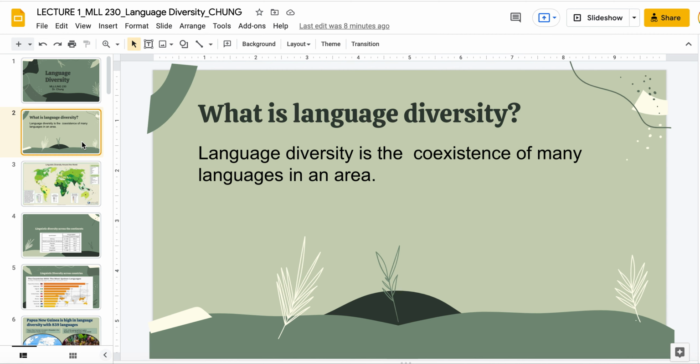But we're really talking about the essence that there's not just one variety. There might be one variety that is dominant, but that doesn't enclose all of the varieties that are spoken in a given area.